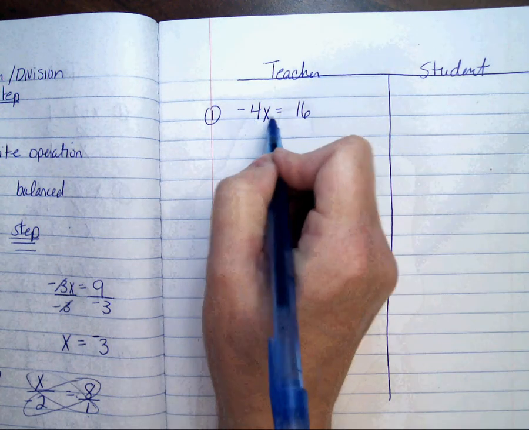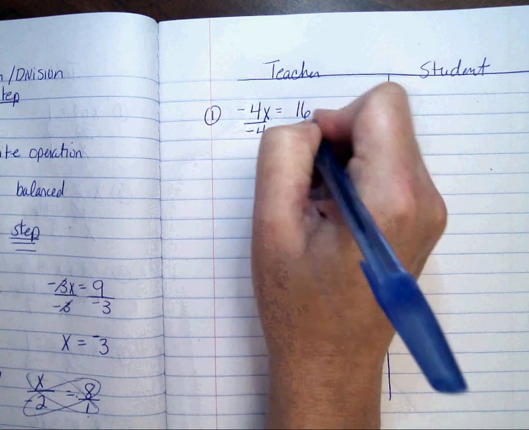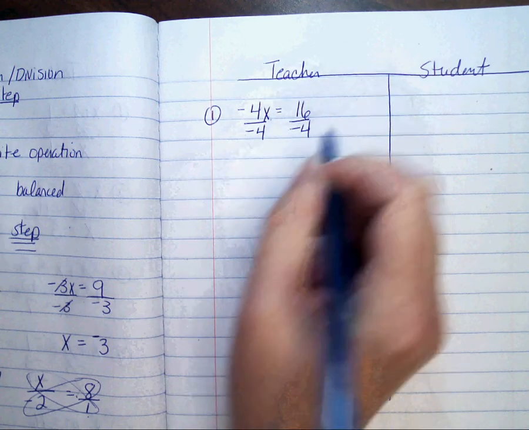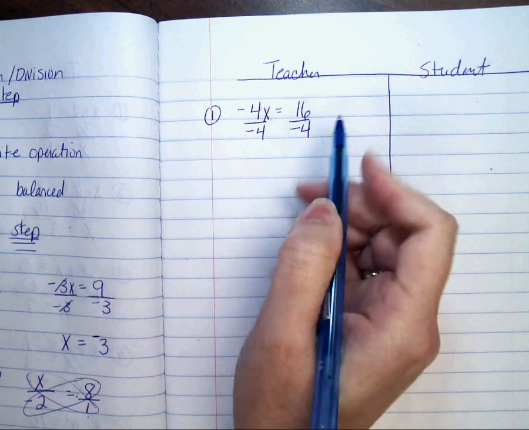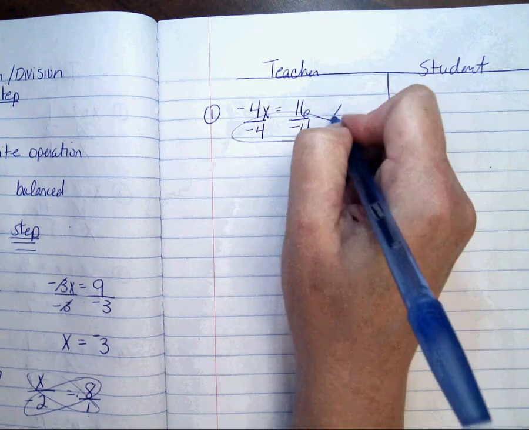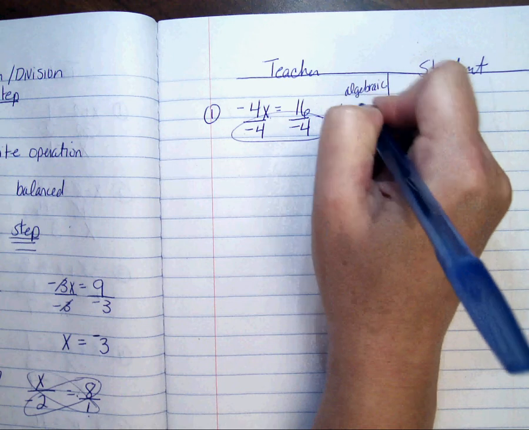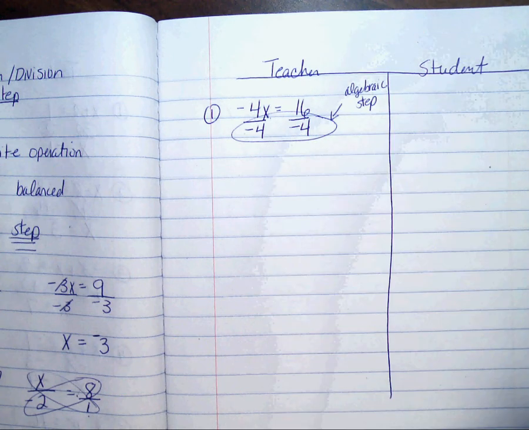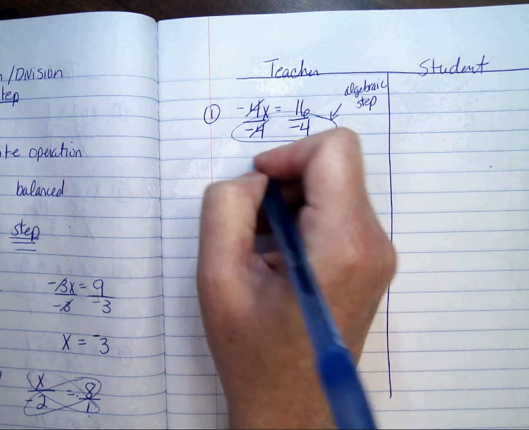All right, first one I'm going to do is negative 4x equals 16. The opposite of multiplying by negative 4 is dividing by negative 4. Please notice how I am showing that division with a fraction bar. You must show this step. That is your algebraic step.